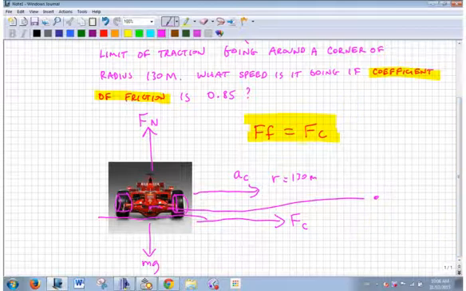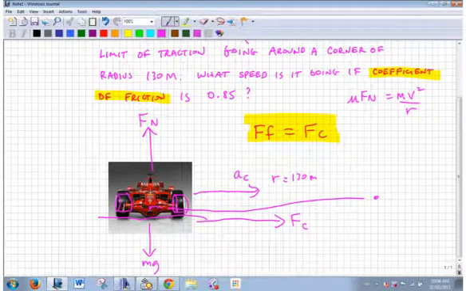So what is the force of friction? It's mu Fn. And centripetal force, again, is m ac, but ac is v squared over r. Okay?